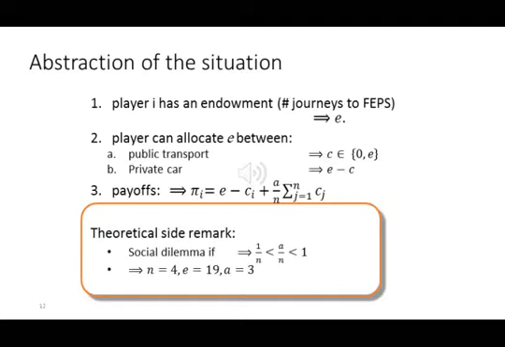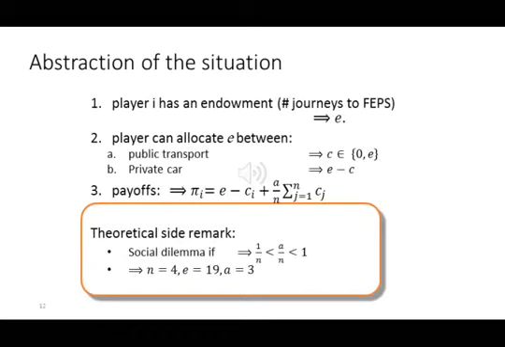Using public transportation will be this individual's contribution to the public good, which belongs to the set between 0 and E. This means that he can either decide not to use public transportation, in which case C will be equal to 0, or he can decide to always go to FEPS using public transportation. In this case, his contribution will be his total endowment, E, or anything in between. Okay, this is the first decision.